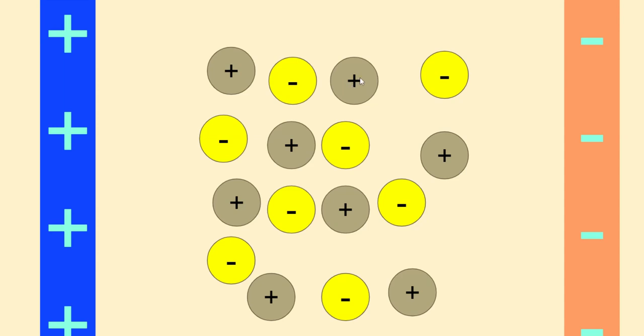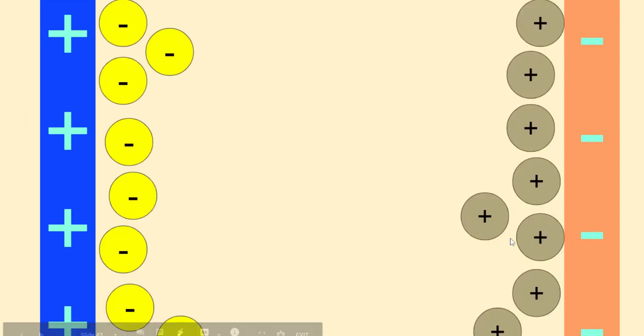Not only in a molten state, but also in aqueous state. Aqueous state means using water to separate the cations and anions apart. Because of these reasons, the cations and anions can move more easily. That's why they can be attracted towards the negative terminal or positive terminal.